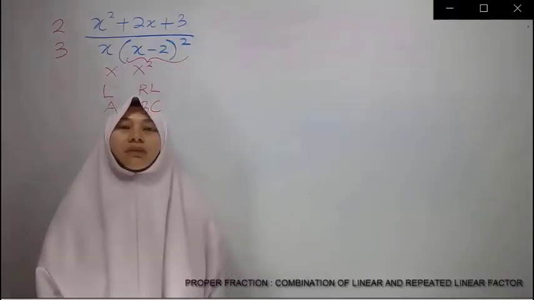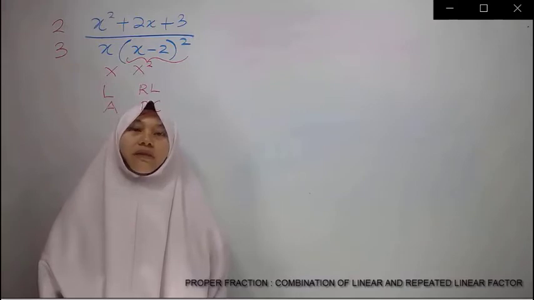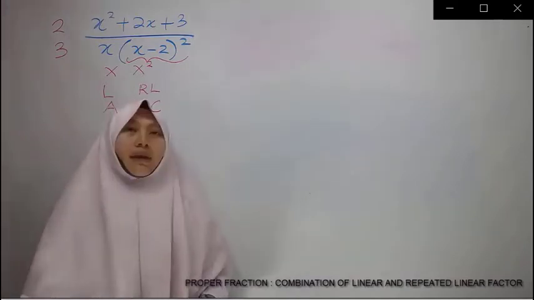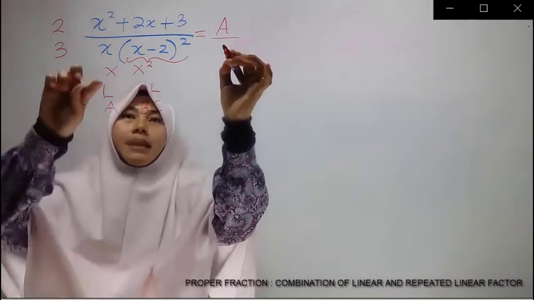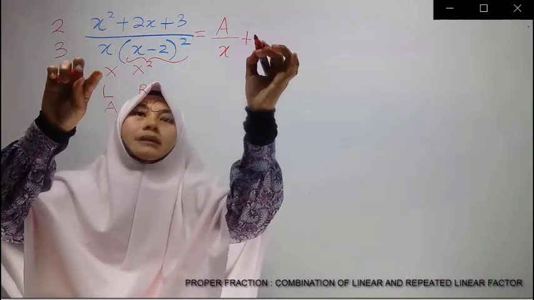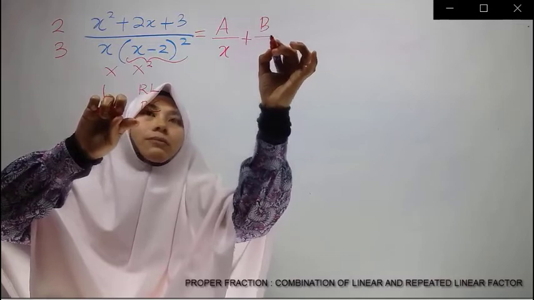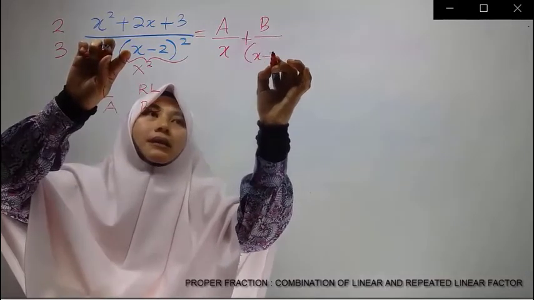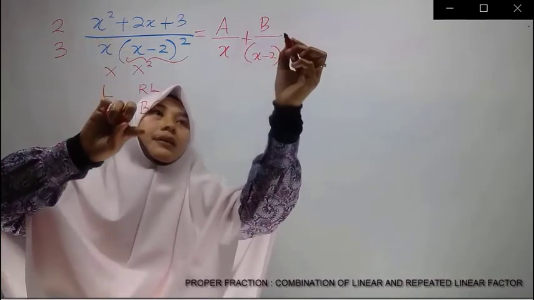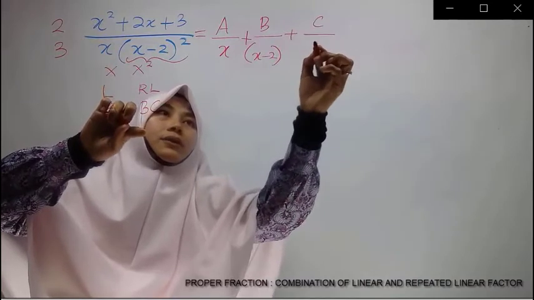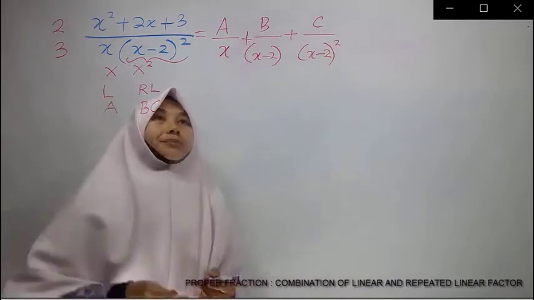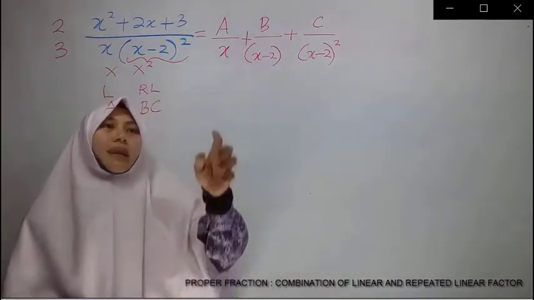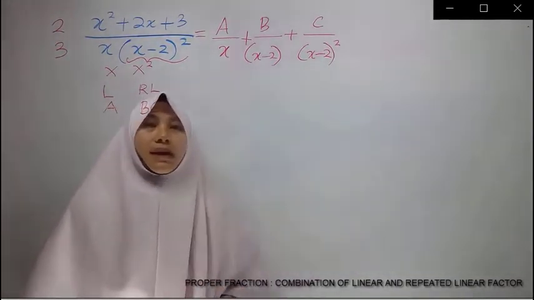Next step is we want to write the partial fraction using these labels. So A over x plus B over x minus 2 power of 1 plus C over x minus 2 power of 2. Actually, this is how our final answer looks like.